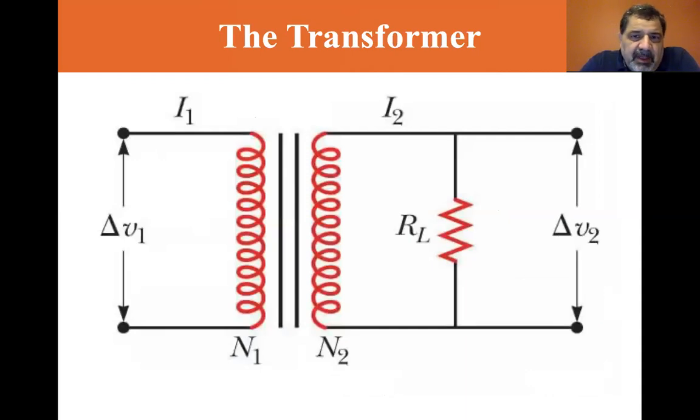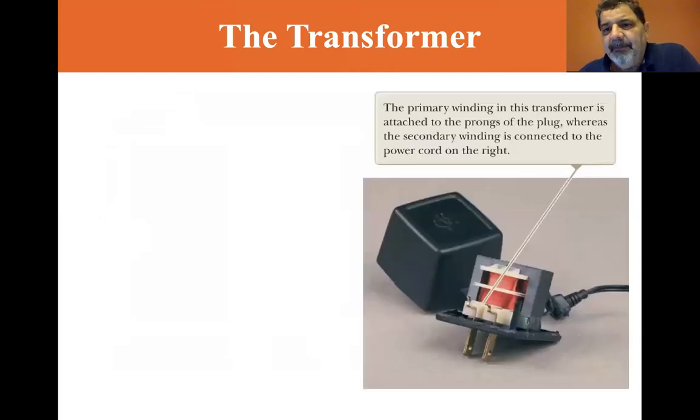And here is the circuit diagram for transformers connected to a load resistor. You have the current in the primary side and the current in the secondary side. The two vertical bars right here represent the iron core. So this is how it looks in a circuit. Now the primary winding in this transformer is attached to the prongs of the plug, whereas the secondary winding is connected to the power cord on the right to power your device.